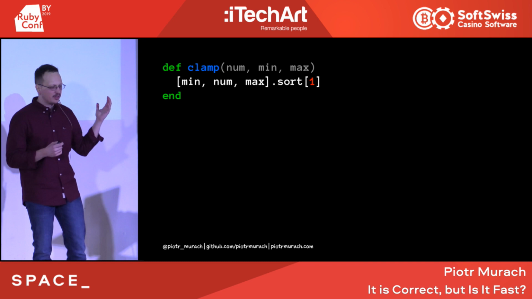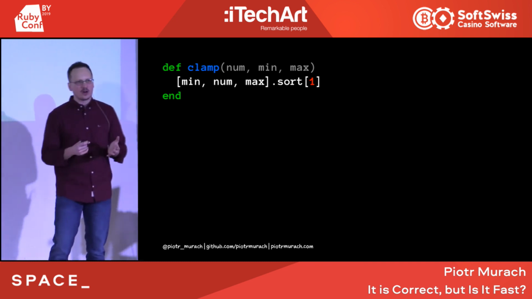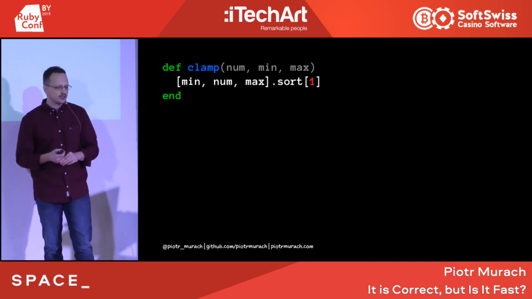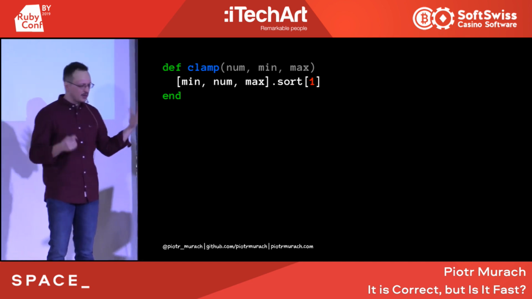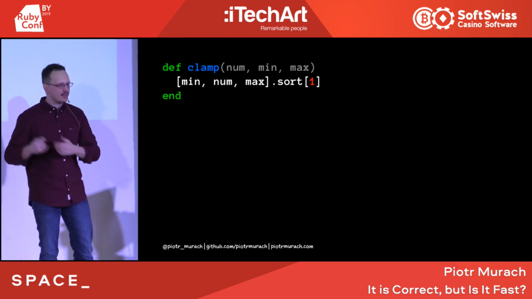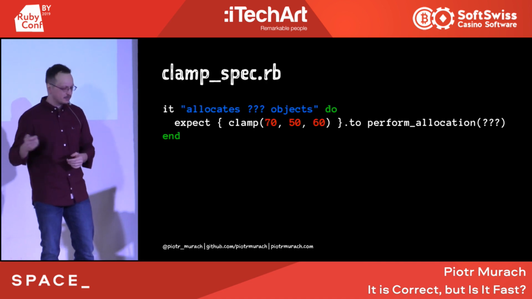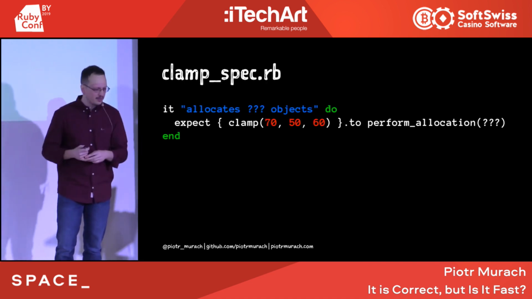Let's look at the same method that we had before. And now if you look at it from the point of view of object allocations and memory allocations, you can see that there's probably something going on here. There's an array, and we are sorting it, and then we are taking the middle element. So again, TDD spirit, we write a test. Obviously we know the method, but hey-ho.